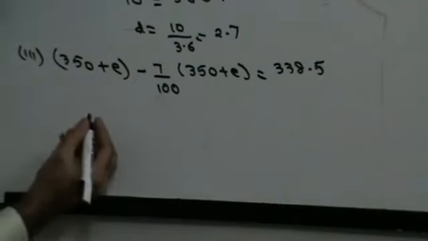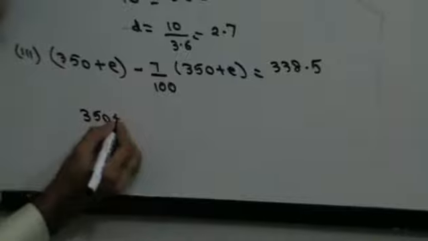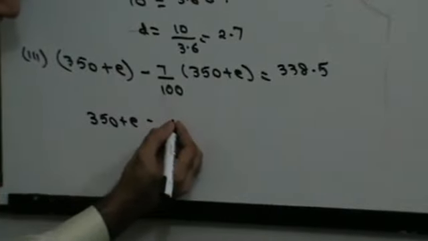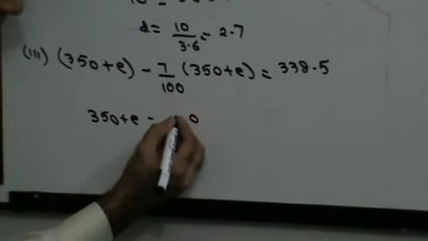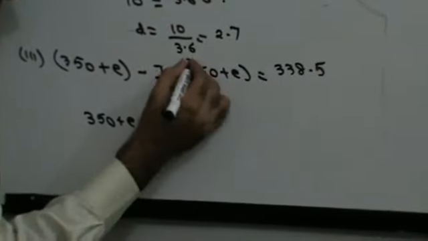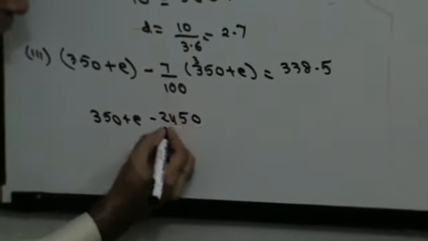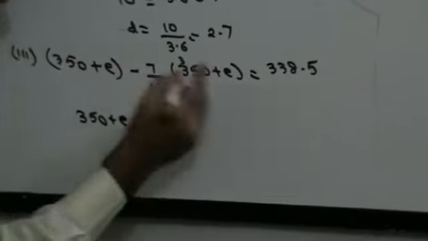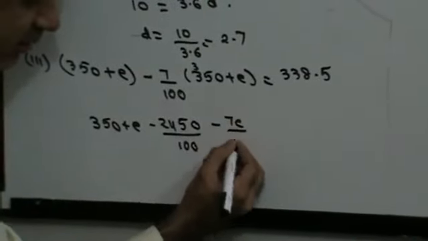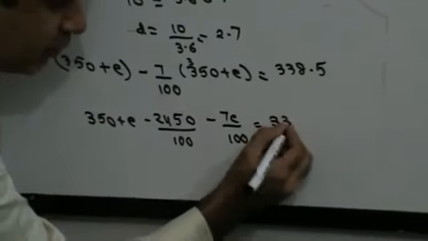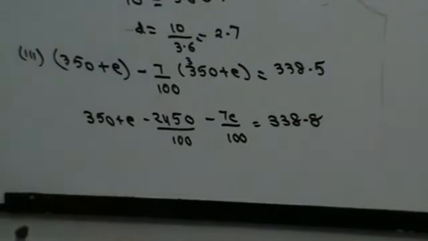Right? So, this is going to be 350 plus E minus, 7 5s are 35, 7 3s are 21 upon 100, plus E minus 7E upon 100 should give you 338.5.